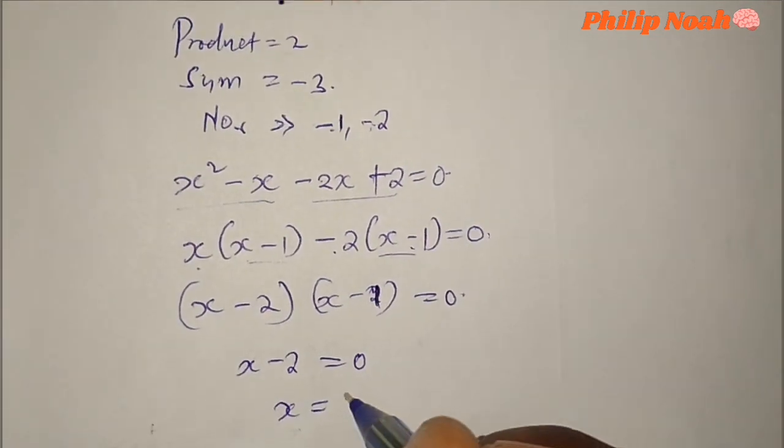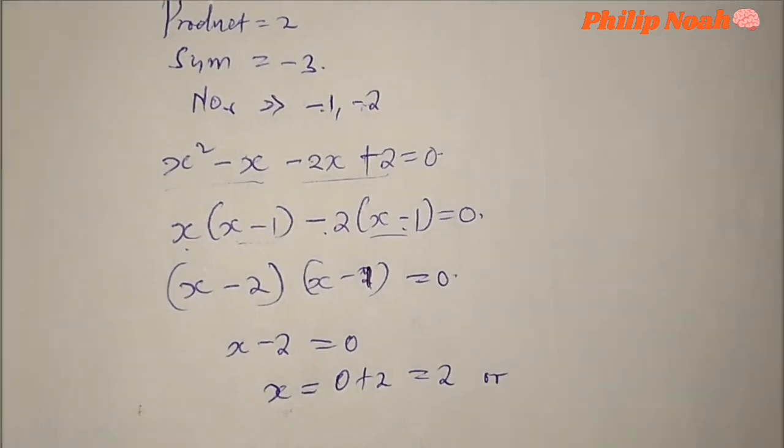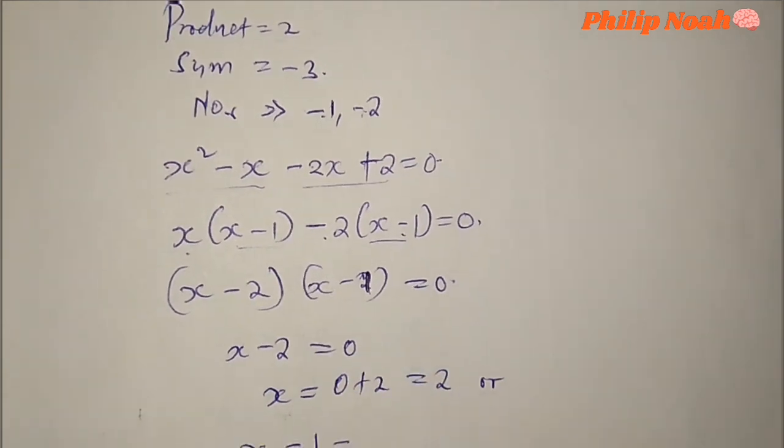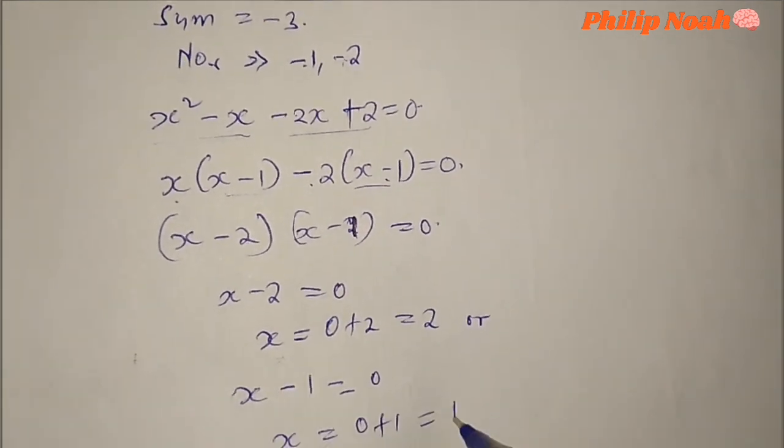x is equals to 0 plus 2, which is equals to 2, or x minus 1 is equals to 0, x is equals to 0 plus 1, which is equals to 1.